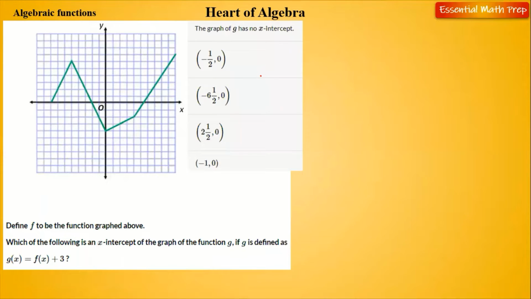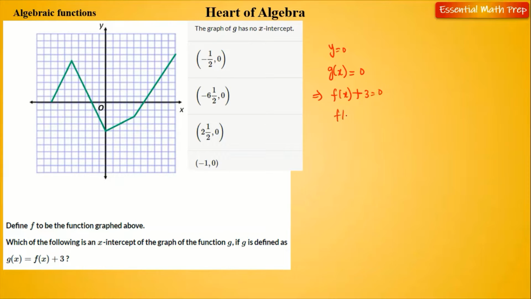All right, define f to be the function graphed above. Which of the following is an x-intercept of the graph of the function g if g is defined as g of x equals f of x plus 3. Because we are given an x-intercept, y equals 0. In other words, g of x equals 0 implies f of x plus 3 equals 0.